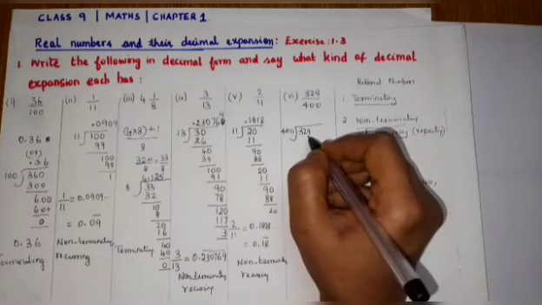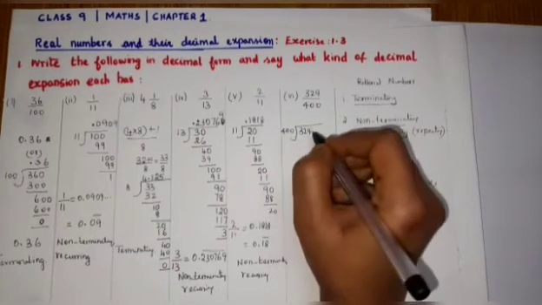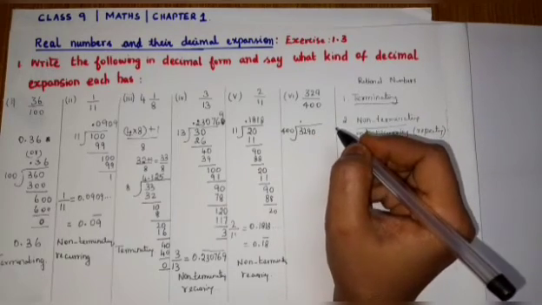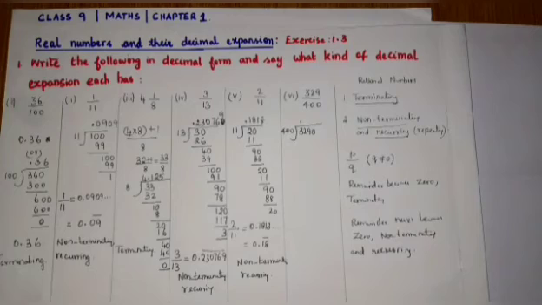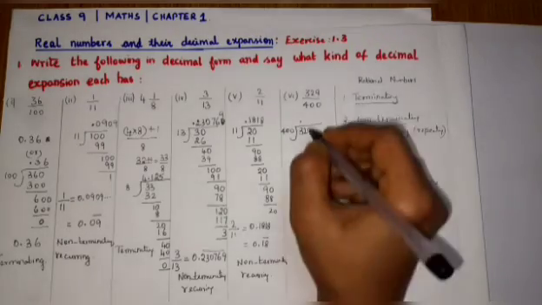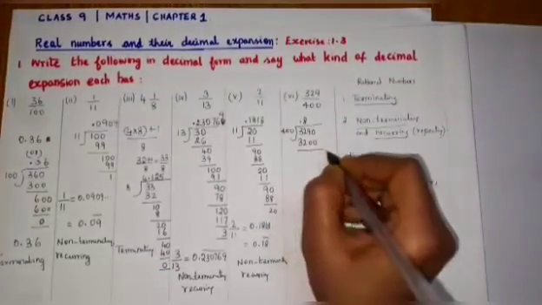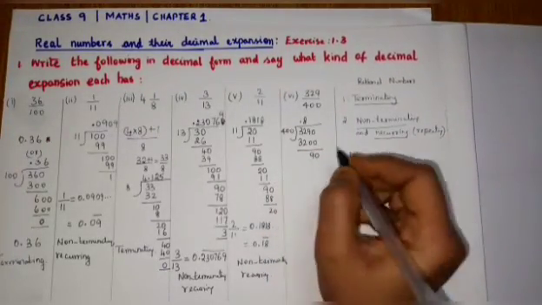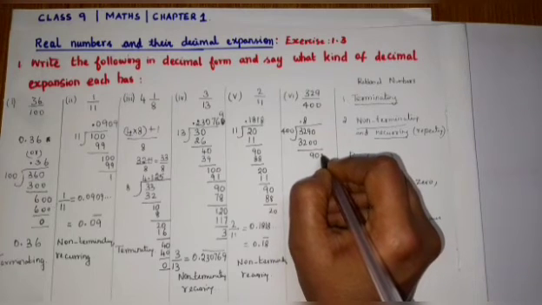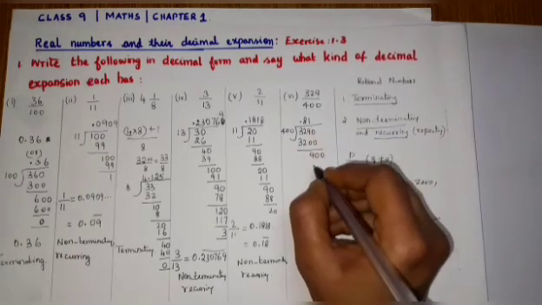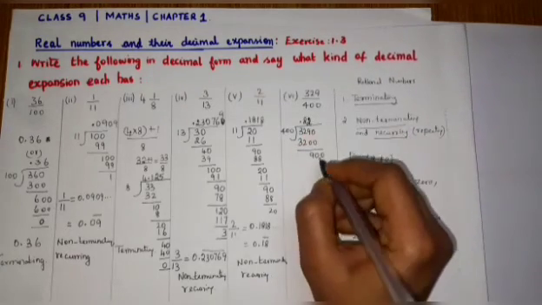Since 329 is less than 400, you put a point and add 0 to the right of the number. Then 8 400s are 3200. If you subtract, you will get 90. Since 90 is less than 400, you add 0 to the right of the number. Then 2 400s are 800.